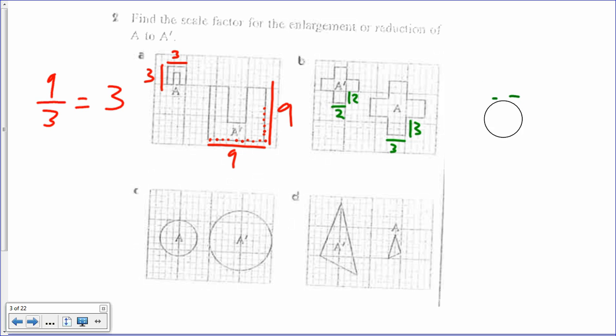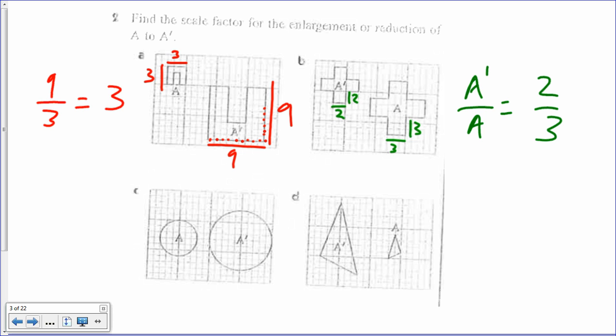My mistake. A dash over A, and that's going to be 2 over 3. You need to find out how you're going to reduce. So this is a reduction, so we should have a number less than 1. I apologise for that. Where part A was an enlargement, so we should have a number larger than 1.